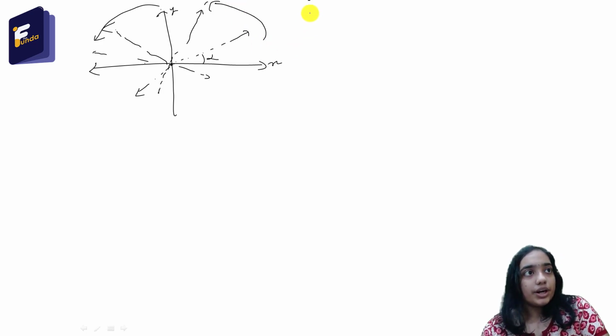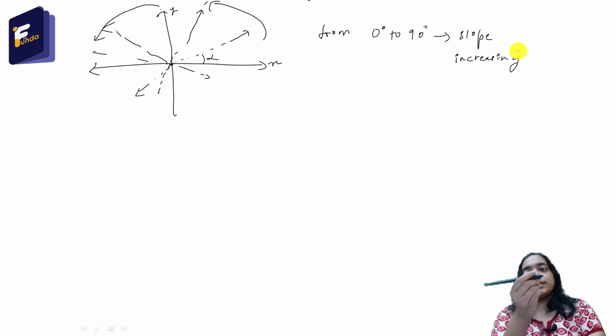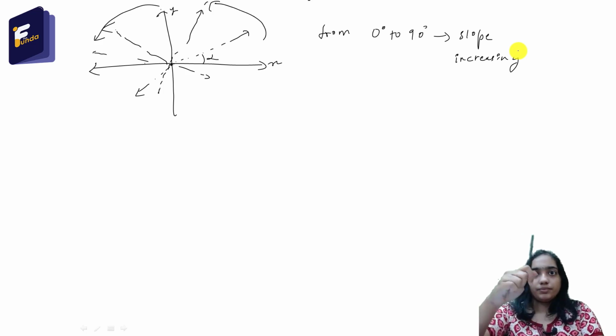So from 0 degree to 90 degree, this you have to remember, the slope is increasing. That is, if the line is in this position, it is going from here to here, so that means the slope of the line is increasing.